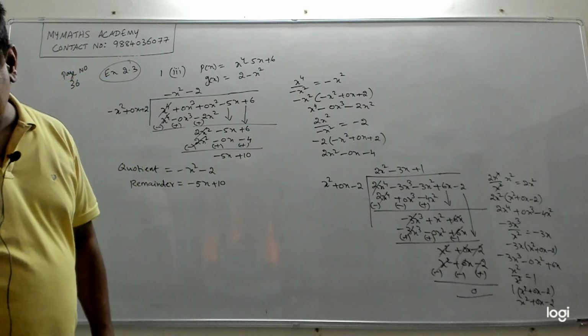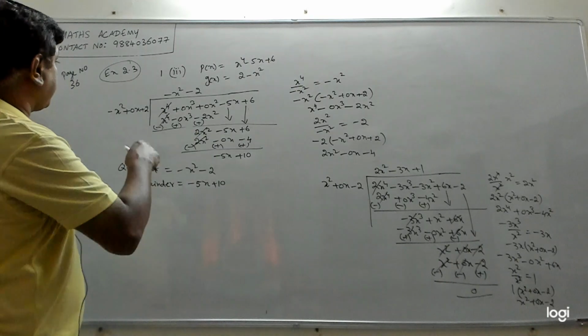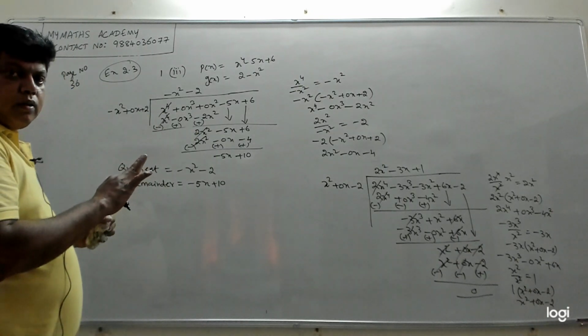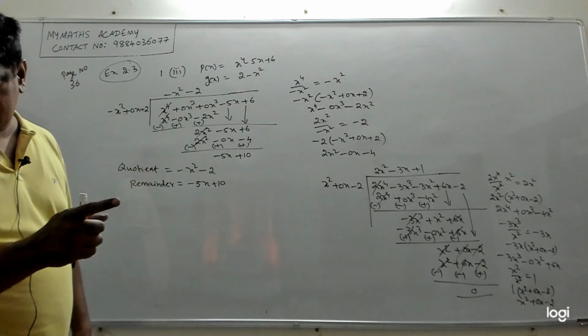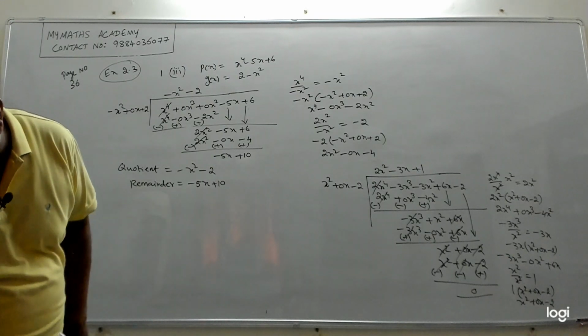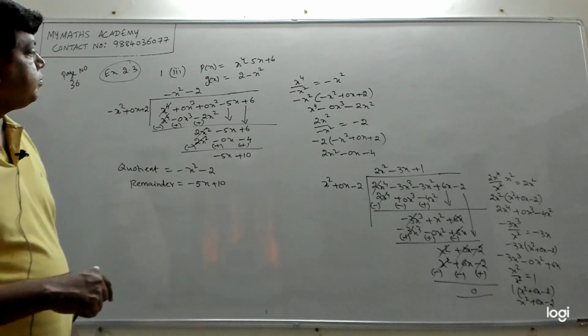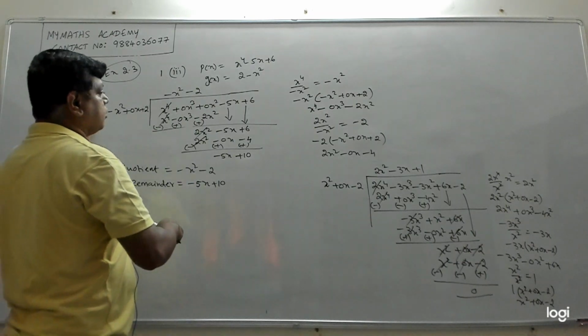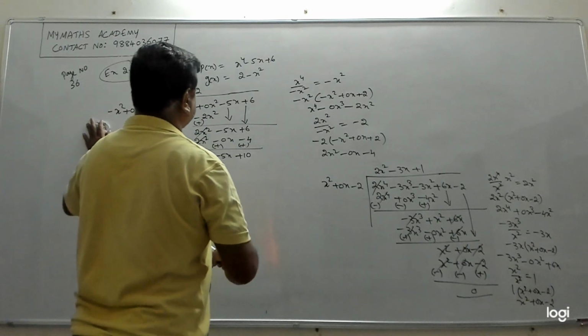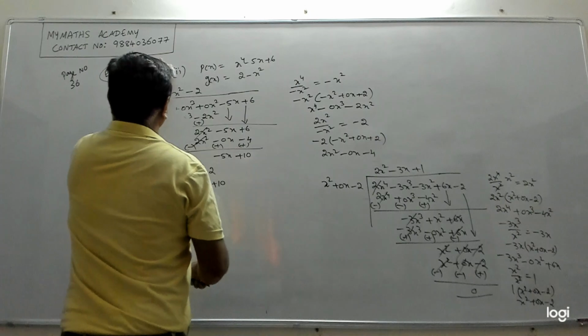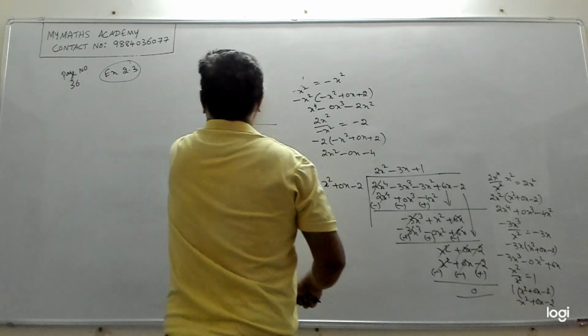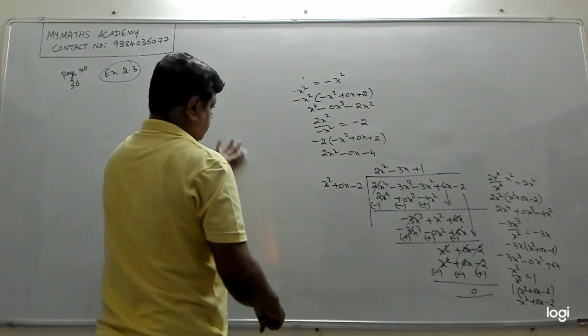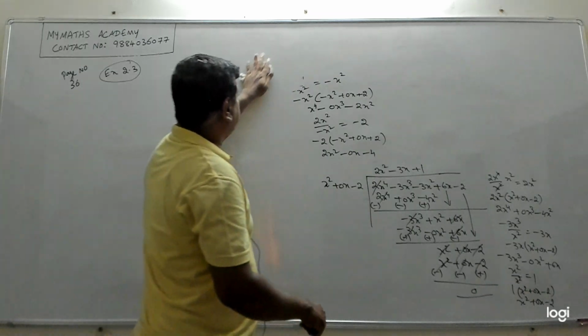The second problem has three sub problems. You can do the first and second. I will do the third one. Let me erase all this. Let me erase this also.